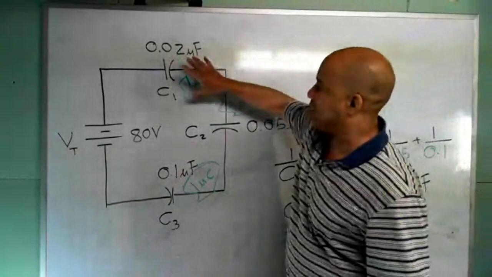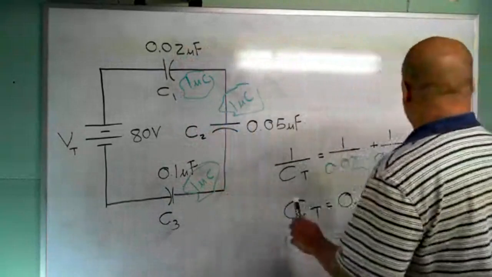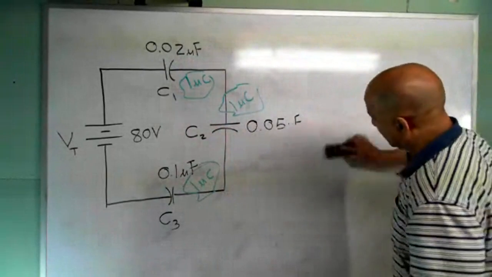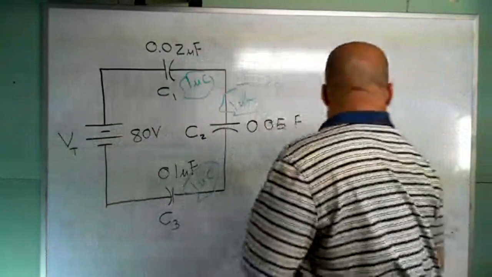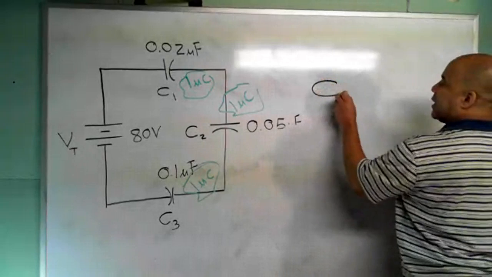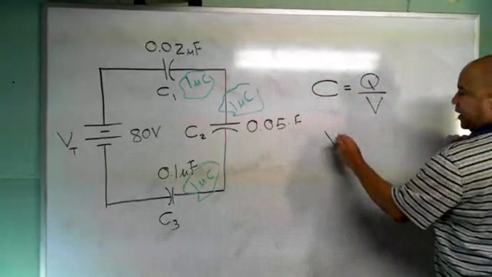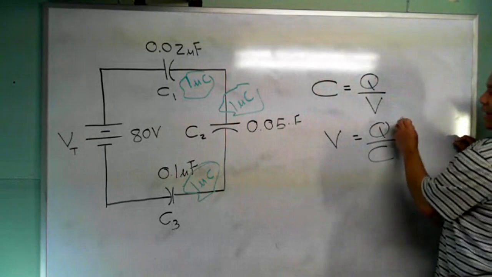Now we're going to do it for each individual capacitor to get the voltage across each one. C equals Q on V means V equals Q on C. So that's how I get voltage.